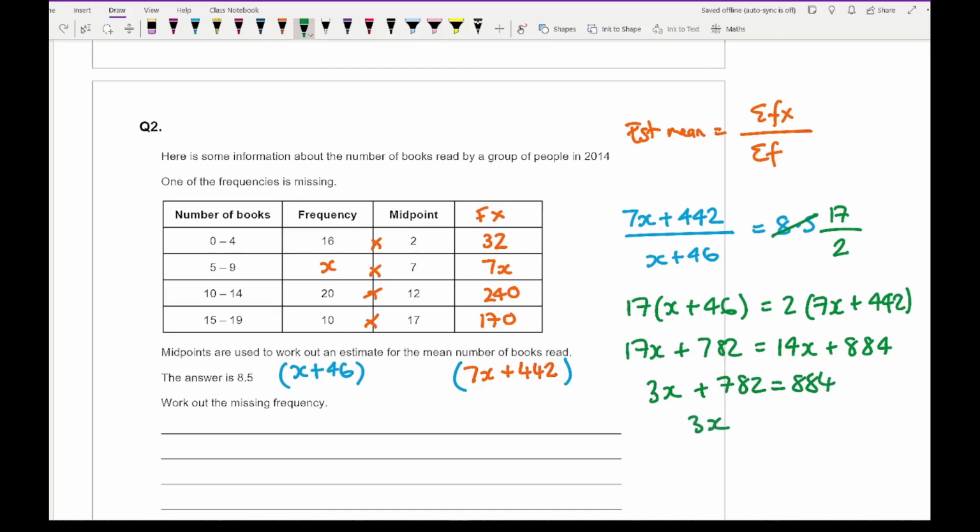Then 3x equals 884 minus 782. So 3x is going to equal, and let's just work that out, 102. So x equals 102 divided by 3, which gives us an answer of 34.